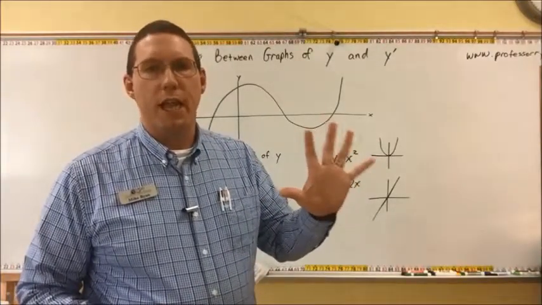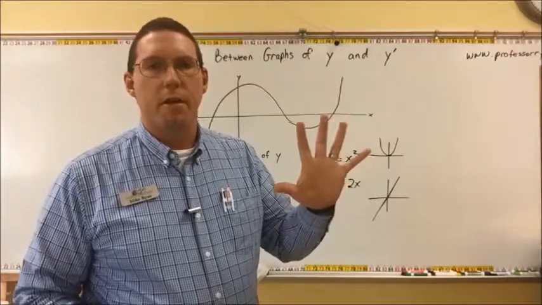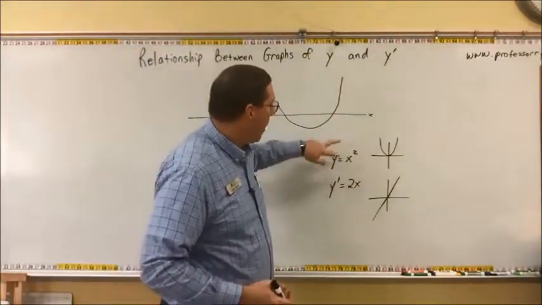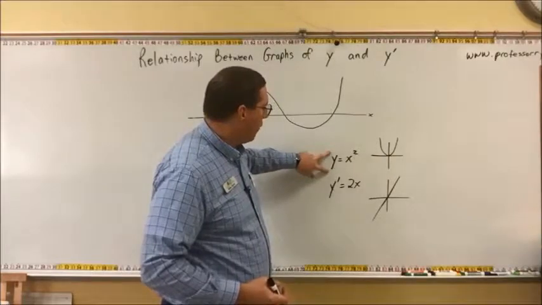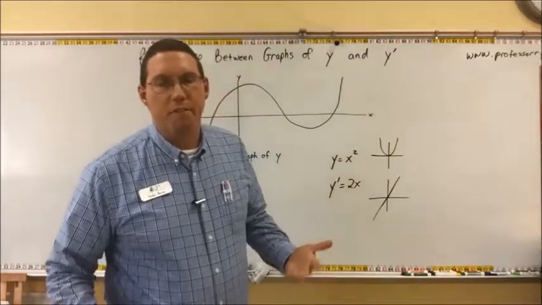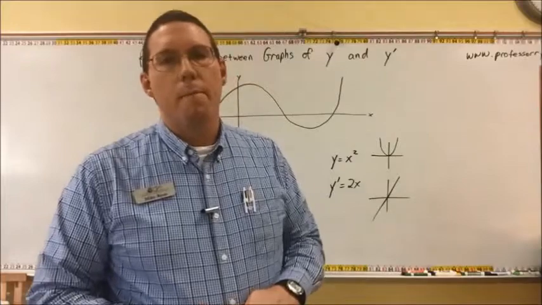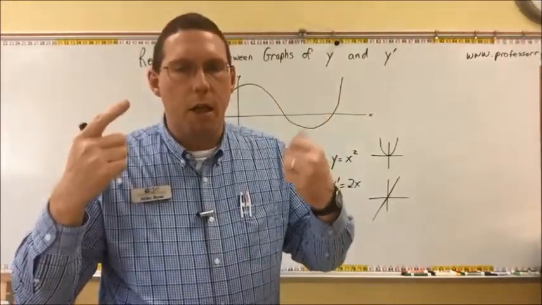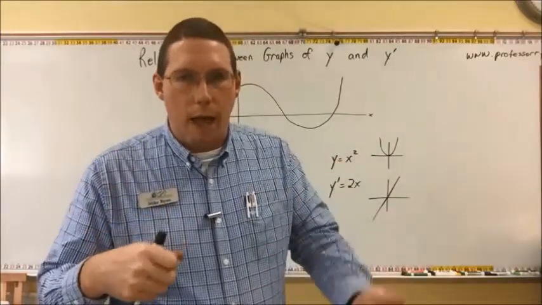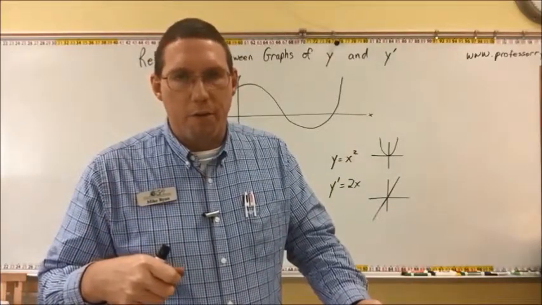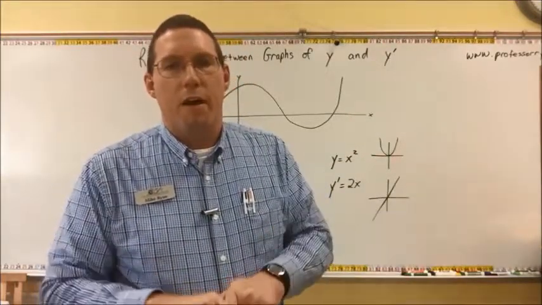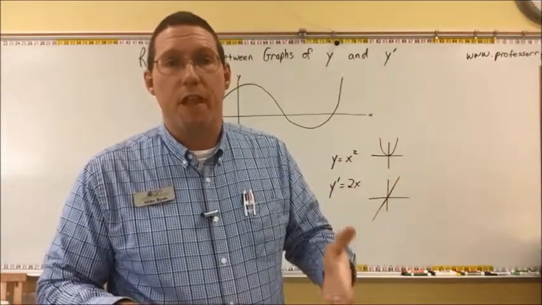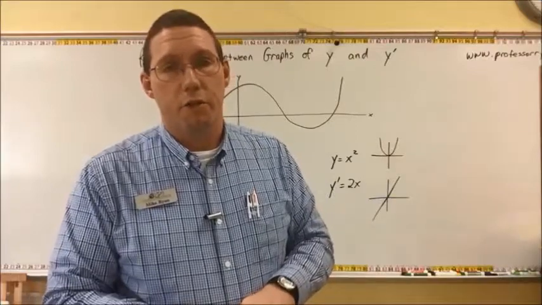If you understand these 5 basic rules or ideas of the relationships between the graph of a function and the graph of its derivative, then you should have no problem eventually developing the skill of recognizing the graph of a derivative when you have the graph of a function, or, given the graph of the derivative, recognizing the graph of the original function.